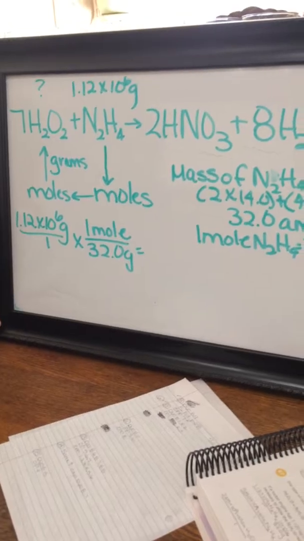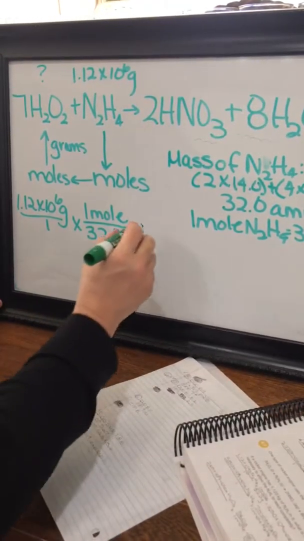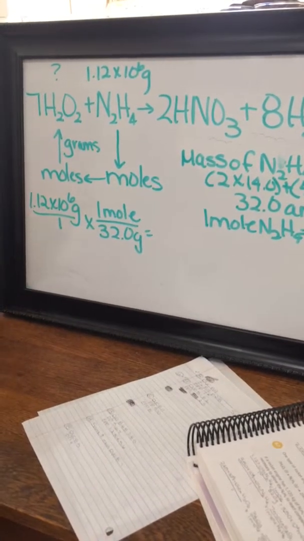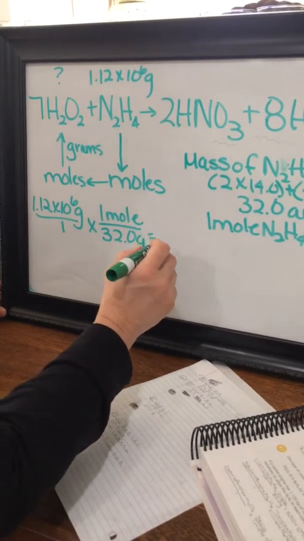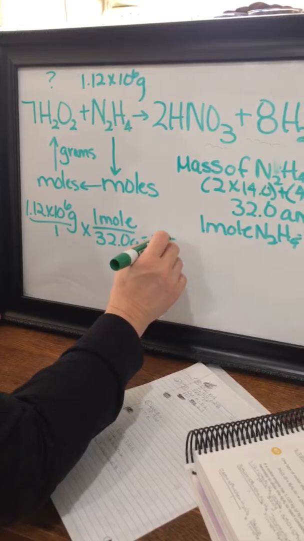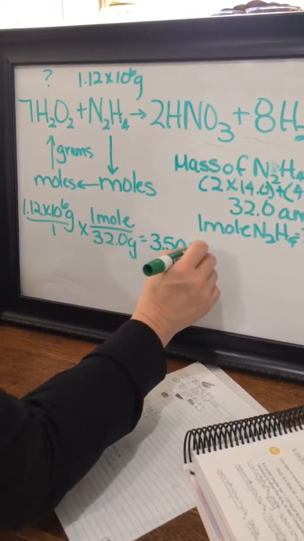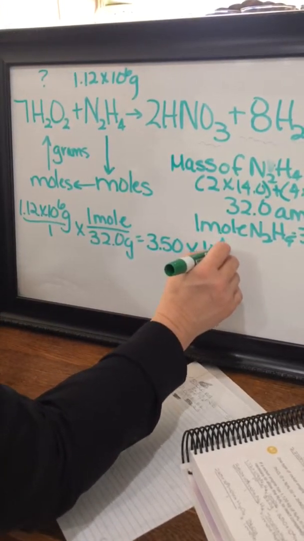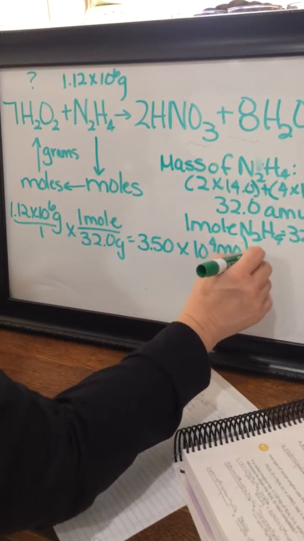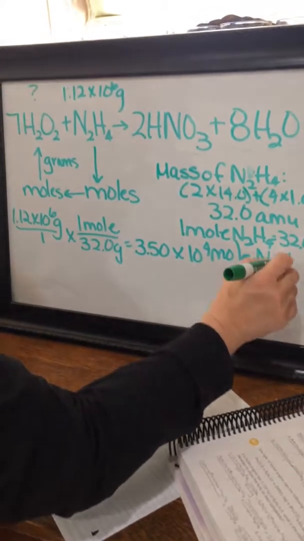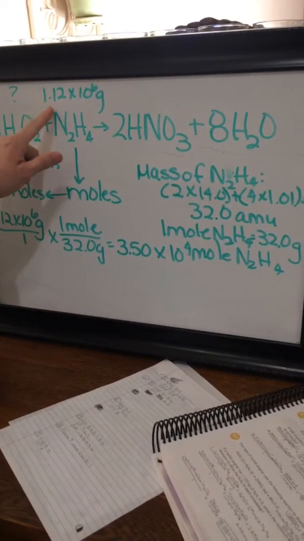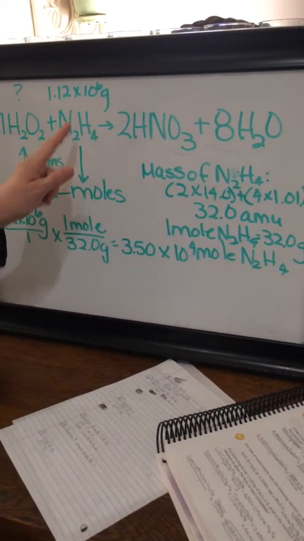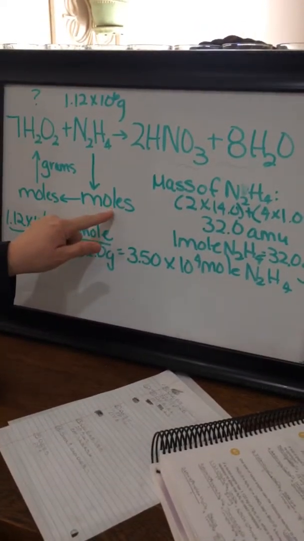When I multiply this all out, again look at your number of significant figures. We have 3 here and 3 here. So we're going to have 3.50 times 10 to the 4th moles of N2H4. We have gone from grams down to the number of moles of N2H4.